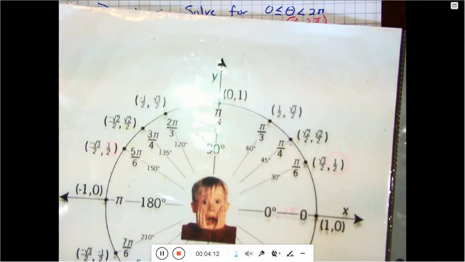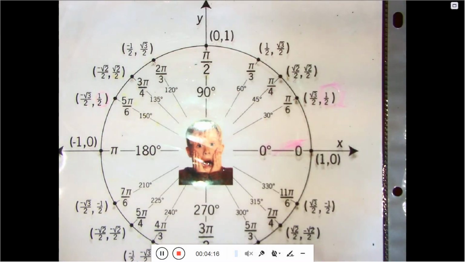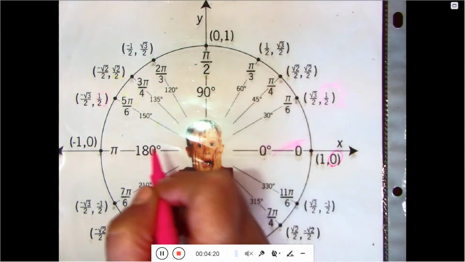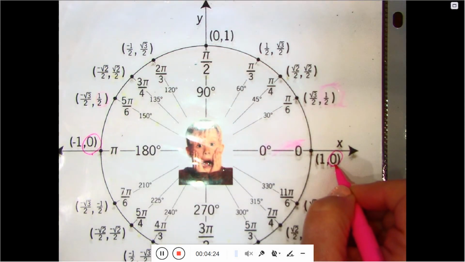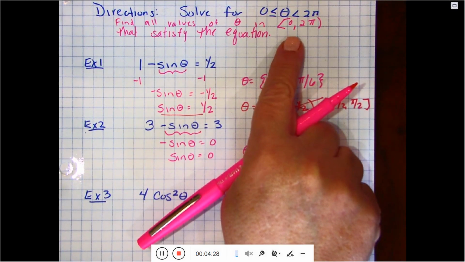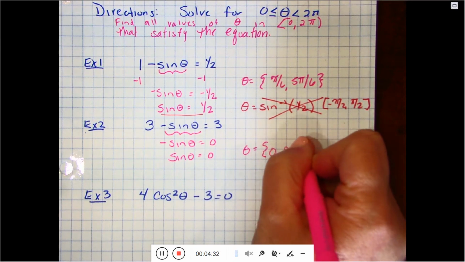So back to my unit circle here, you can see that the sine would be 0 here at 0. It would be at pi, and then we're not going to go back around and include 2 pi because that's not included in our directions. It's 0 to 2 pi, not including 2 pi. So the answers are 0 and pi.